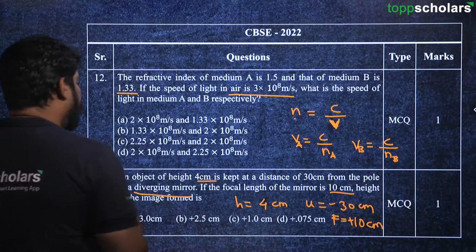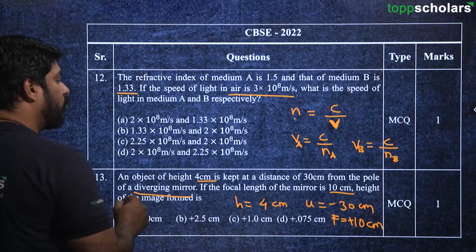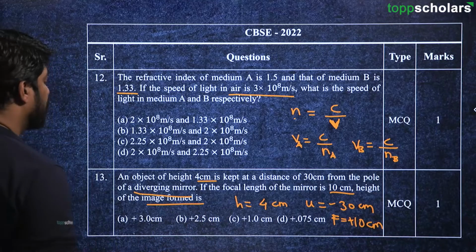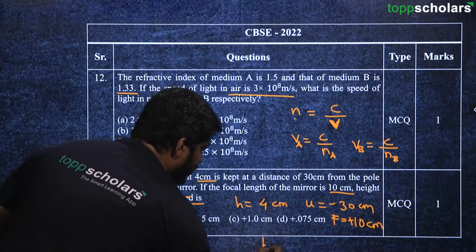Now what is to be found out? We have to find out the height of the image that is formed. So that means we have to find out H dash.